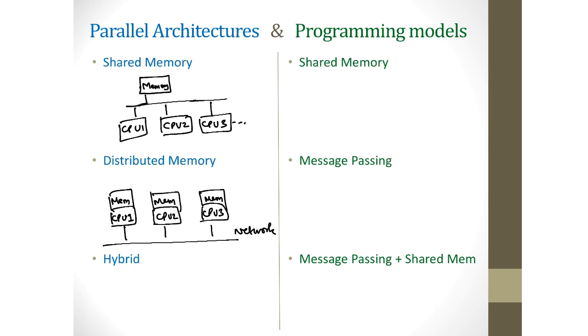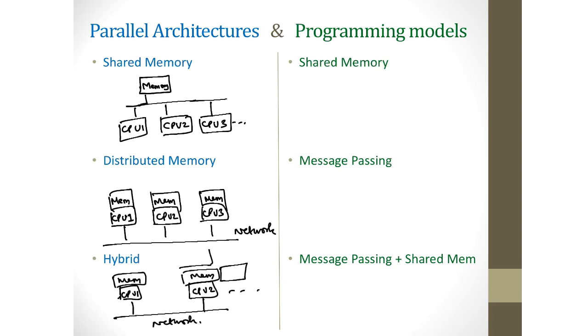And finally, what we see in real life is neither the shared memory nor the distributed memory system, but a hybrid of the two. Typically you have different nodes which are connected together by a network, and each node has multiple CPUs sitting on it: CPU 2A, CPU 2B and so on, and similarly you have multiple CPUs sitting over here.